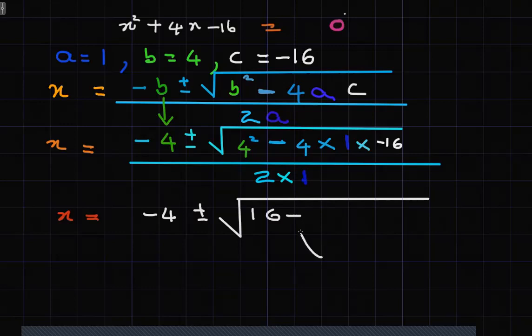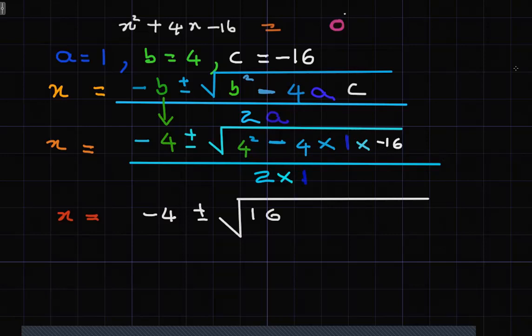But can you put this minus this way? No, no, no. Don't put it that way. First you got to multiply. Just because you see a minus here, don't write it. First do the multiplication. What's the multiplication to be done? Minus 4 times 1 times minus 16.